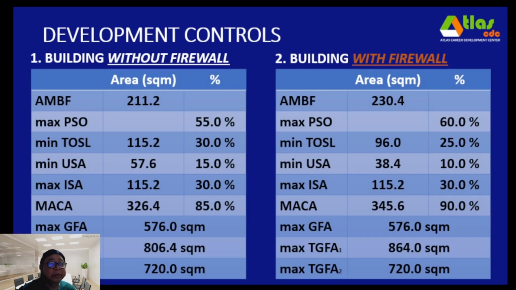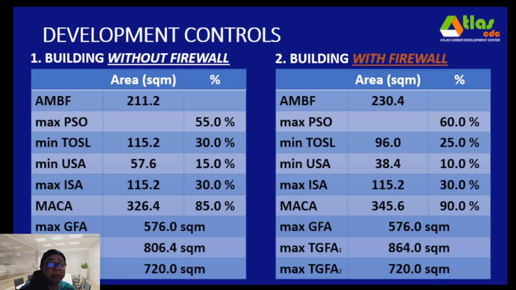So we are now going to summarize our values for the building without firewall. This will be our maximum and minimum values, and compare it with option number 2, a building with firewall, that shows here your minimum and maximum values allowable.